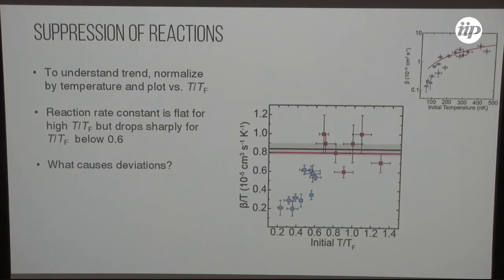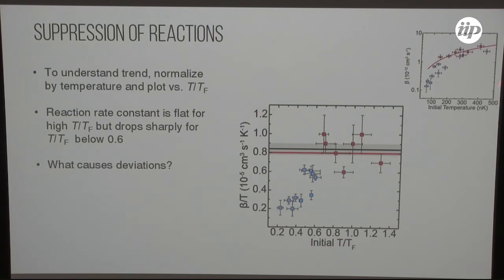Of course, we can now plot this B coefficient, so essentially we divide the chemical reaction rate by the temperature, and you can see it's a very nice plot if we plot it on the x-axis as a function of T over TF.